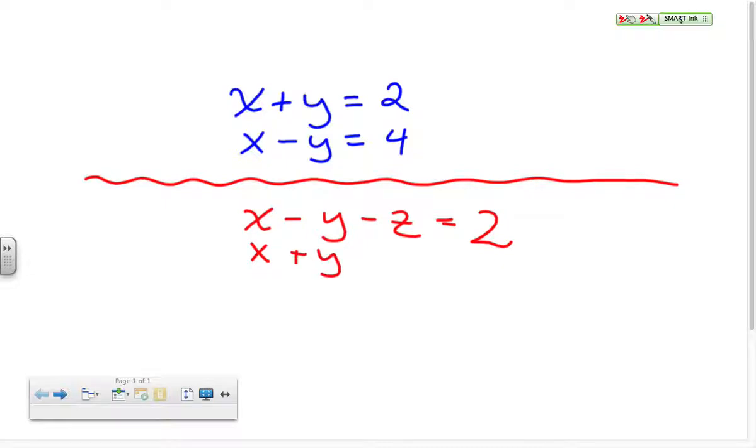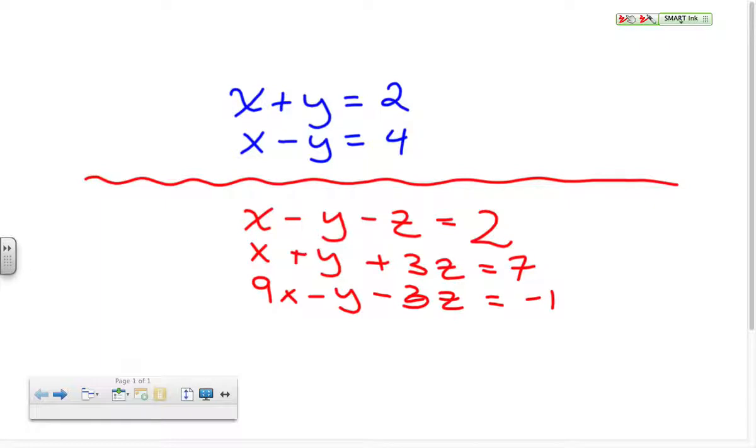So this is our example, and we're only going to have one example because the graphing calculator is going to do most of this for you. I have this system of three variables and three equations.